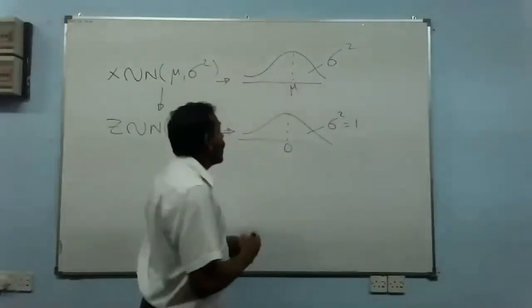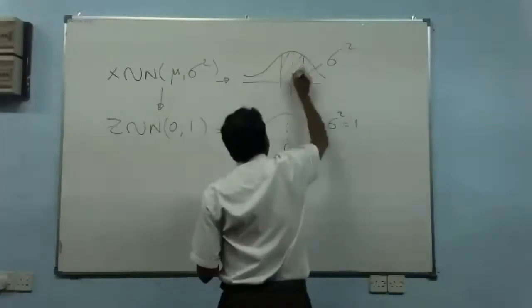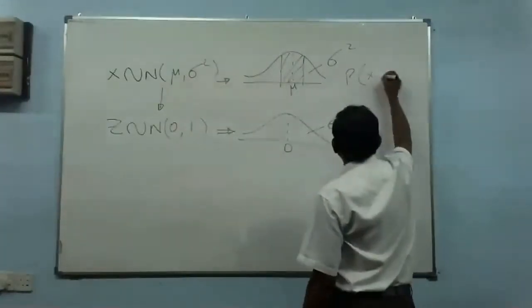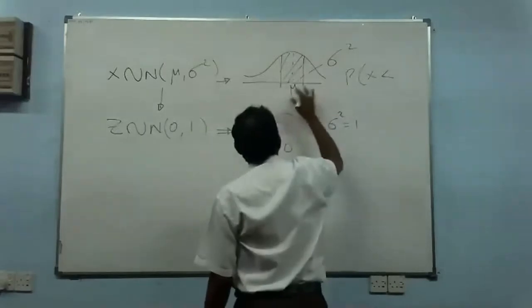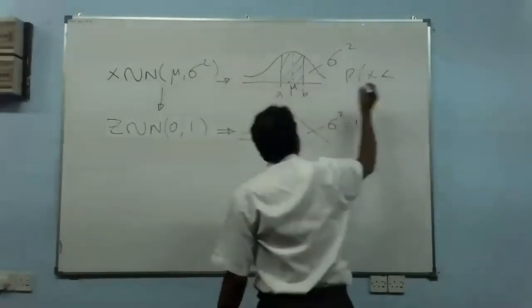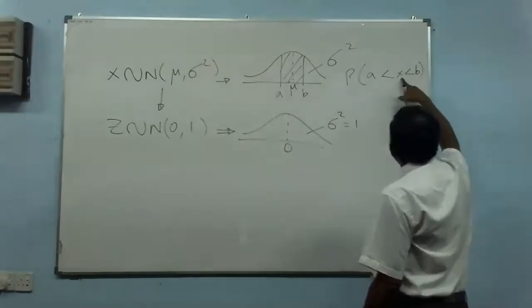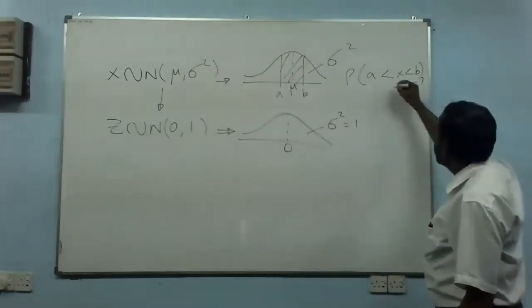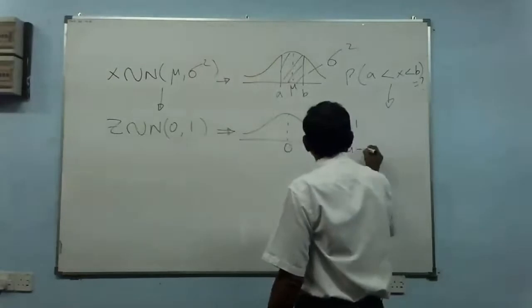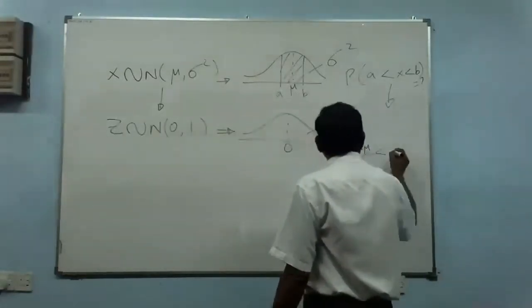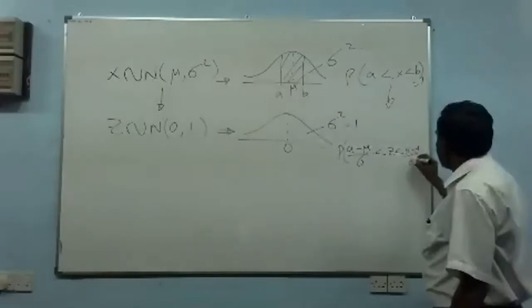Since we are unable to find the probability directly, let's say we want the probability of x between A and B. The probability of the variable x between A and B can be converted into z: the probability of (A minus mu) divided by sigma, to z, (B minus mu) divided by sigma.